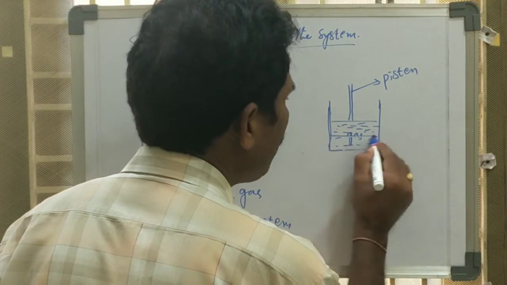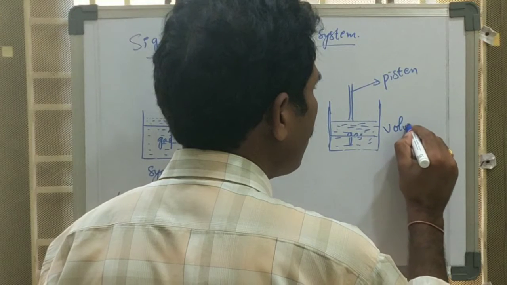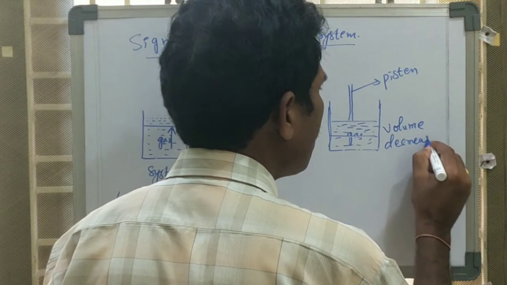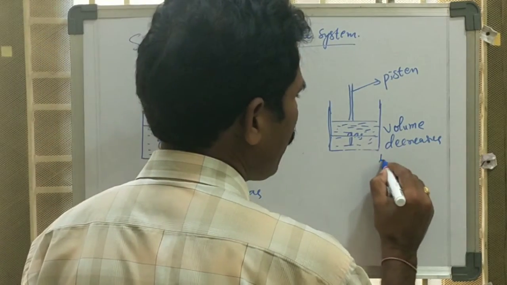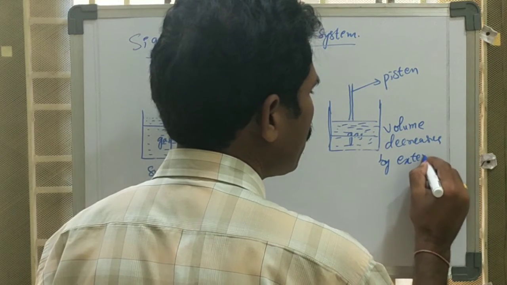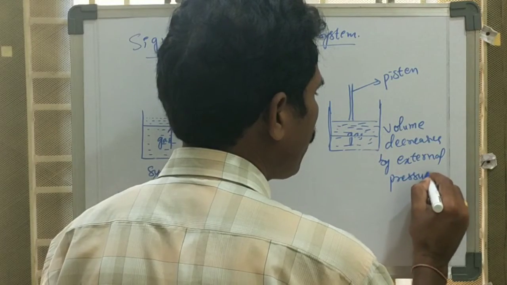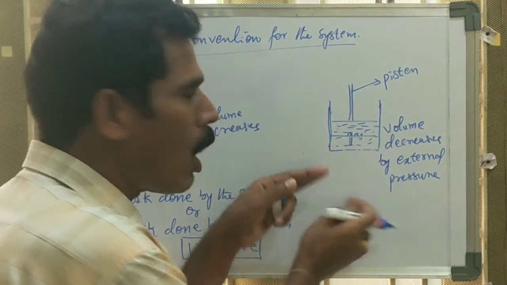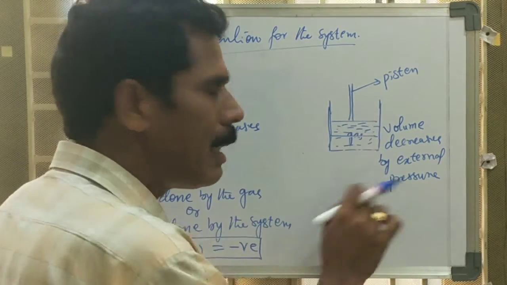Up to here the volume decreases by exerting external pressure. So work is done on the system, work done on the gas.